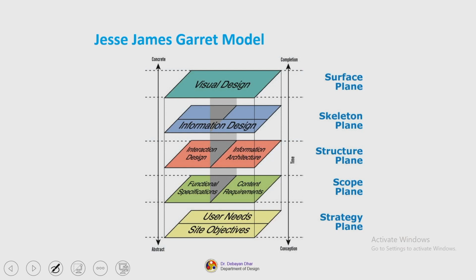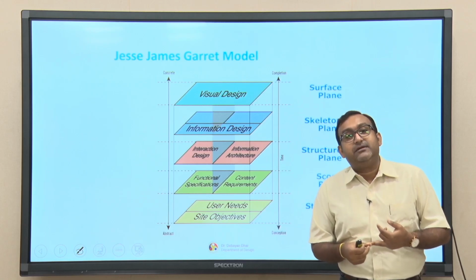And the product that we are designing follows a structure, and it can be rightly explained by the model Jesse James Garrett has proposed. If we understand the structure of the product, we can ensure that all the important aspects of the human-centered approach can be met.